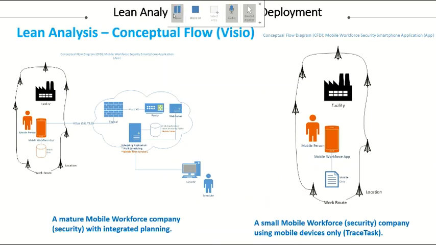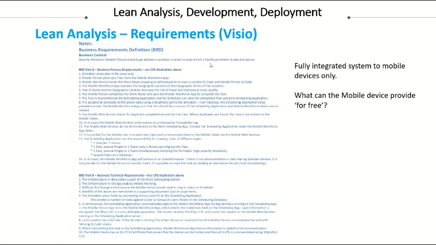And the point of this is that we're only interested in this side, on this conceptual flow diagram. But this is what I used to begin with. And then again, using Visio, I sat down and I worked through the requirements.